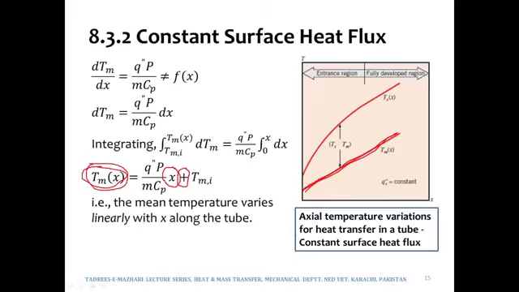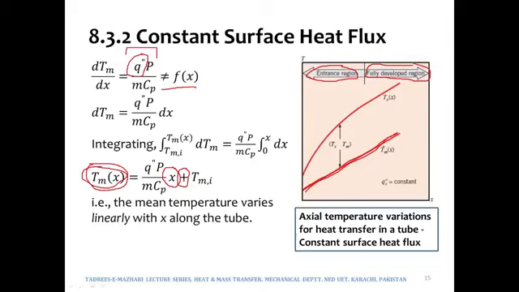And if it is a constant surface heat flux condition, it means we are saying that the heat flux is constant and is not varying with x. So therefore this whole ratio will be independent of x. Now over here we have seen that Tm is a linear function of x, and we can see that this region is the entrance region and this is then the fully developed region.